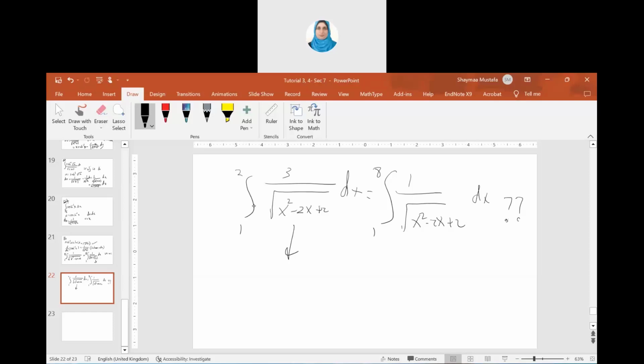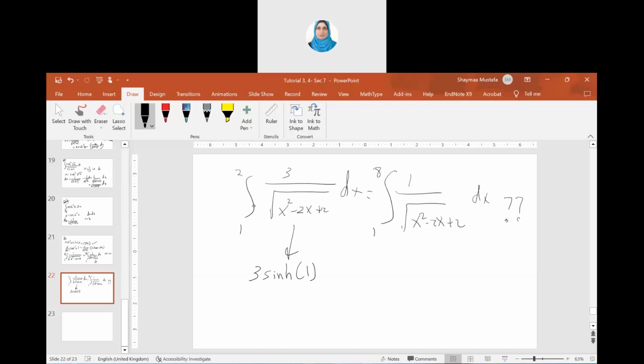So if you evaluate this one, you find it equal to what? Using the same substitution and the same method, completing the square and so on, I think this one will be equal to sinh inverse 1, after evaluating from 1 to 2.